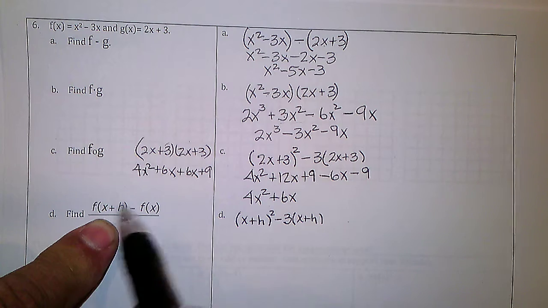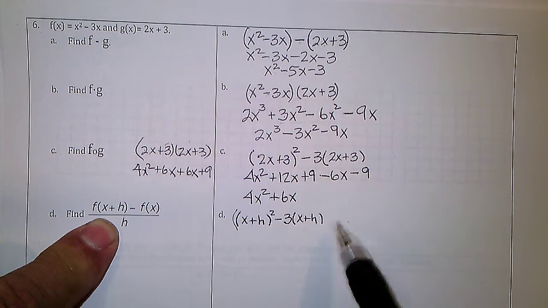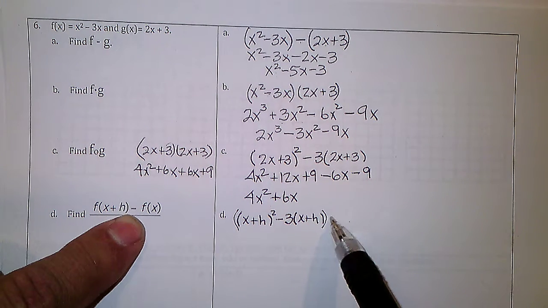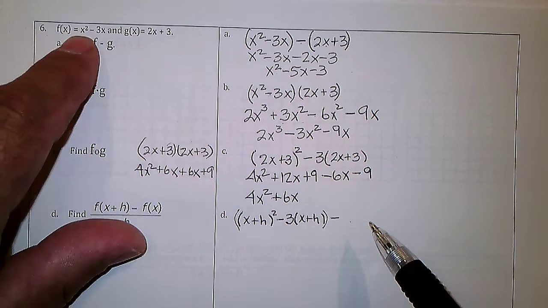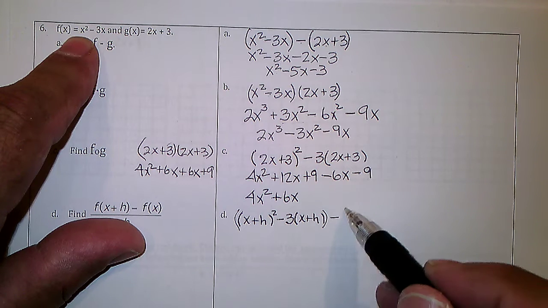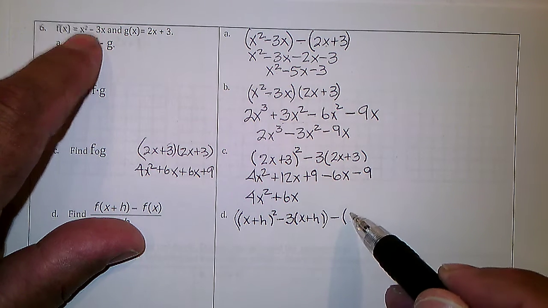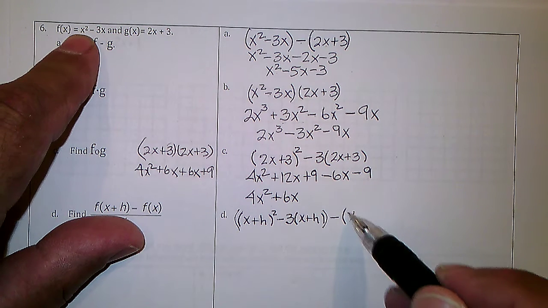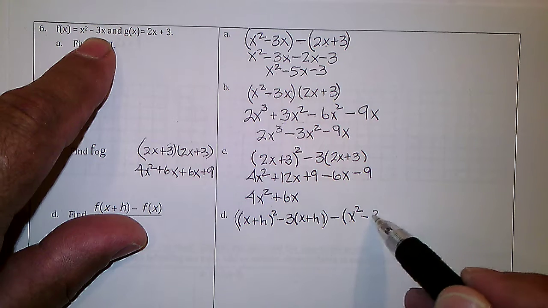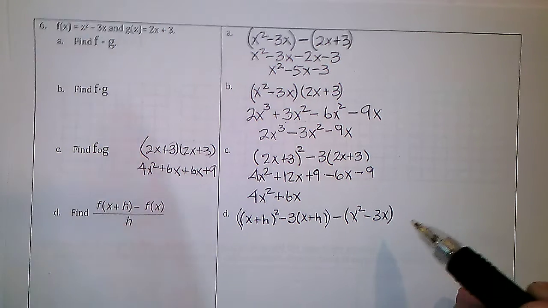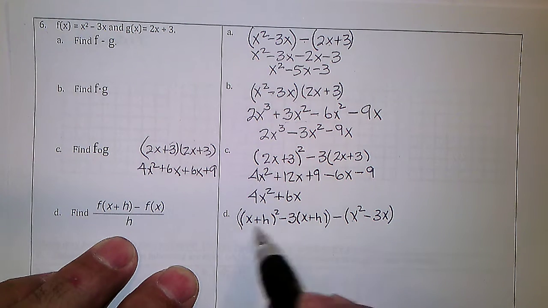That's this thing. We've got that minus, now we got to put x's in place of the x's. Well, that's not going to change the look of it. We're going to subtract all that, so I'm going to replace that x with an x, so it's going to look the same, x squared. And to replace that x with an x, it's still minus 3x. And then I got to put that over h.